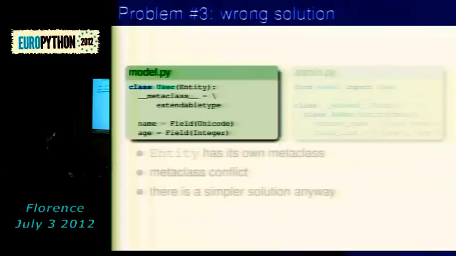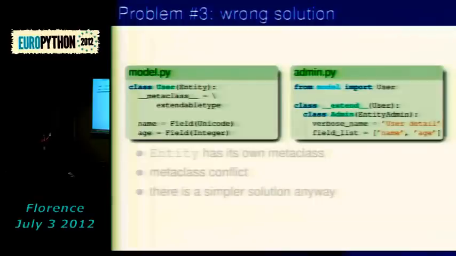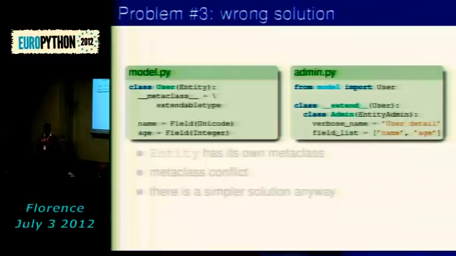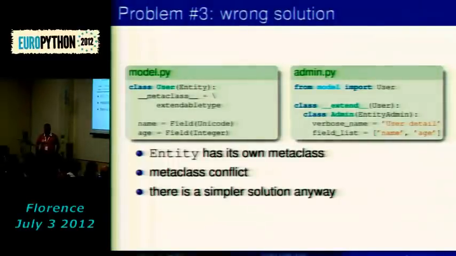So one might say, yeah, I know, I use extendable type. I use this metaclass, I just define the fields here, and in the other file I extend it with my admin class, and everything works fine. However, entity is a special base class which has its own metaclass, so you can't just use extendable type. You have a metaclass conflict, which means that you have two different metaclasses and Python doesn't know which one to use.